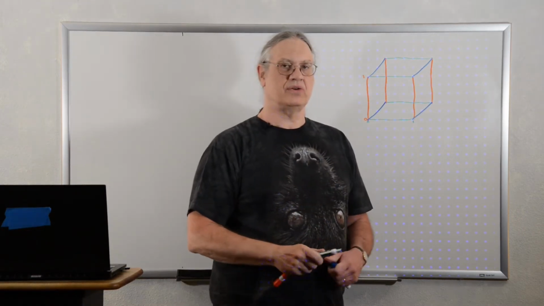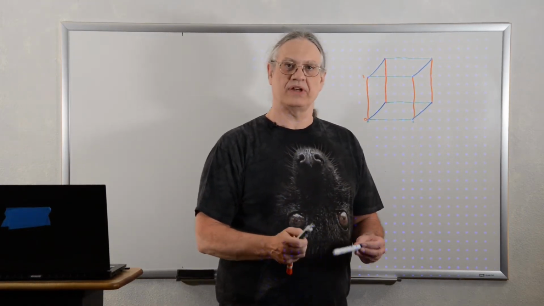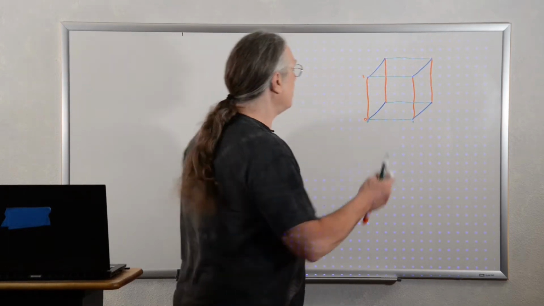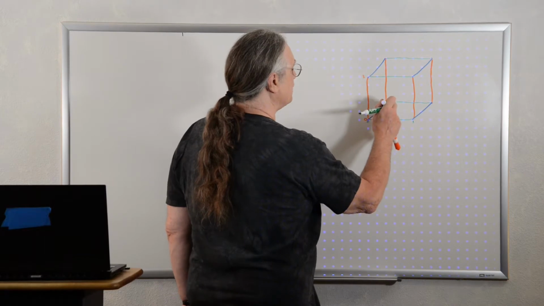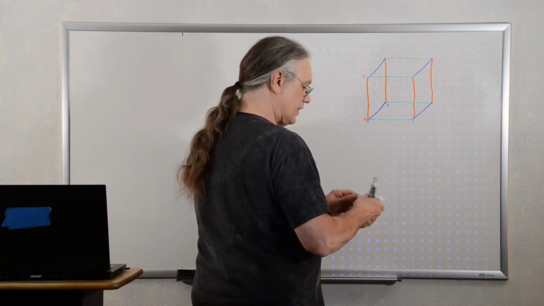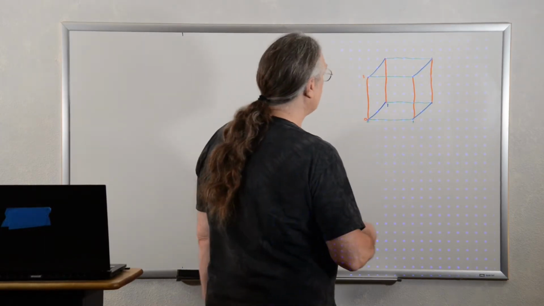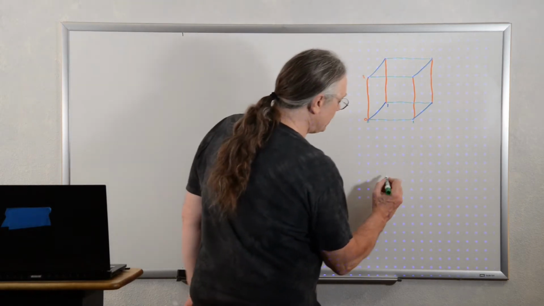Now really it's a two-dimensional shadow of a three-dimensional cube, but on this drawing we can plot x, y, and z. So to go to the next dimension, we copy what we have.